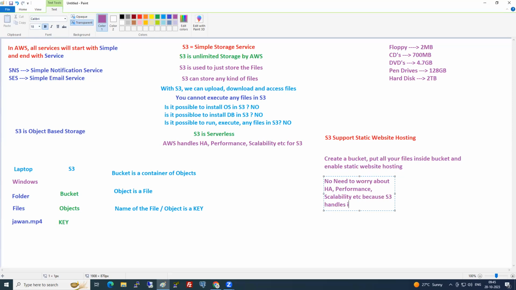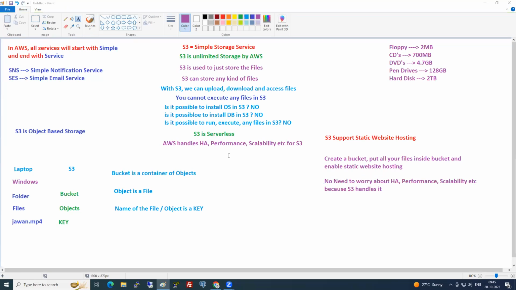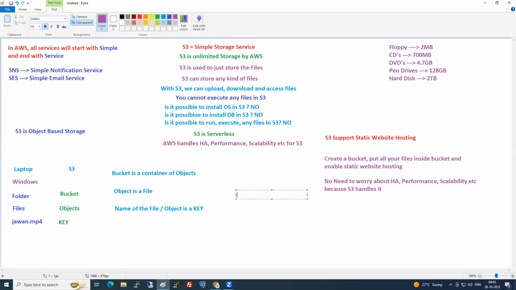S3 handles it. Of course, you can modify, Sunil. You can modify the HTML files and upload them back again and it will get updated.